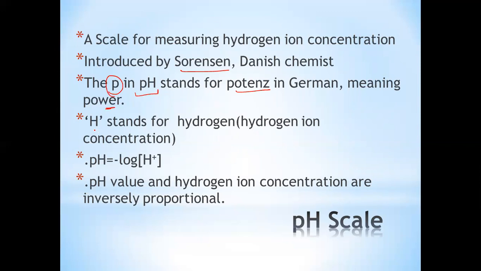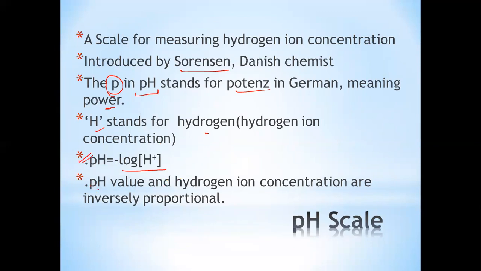And in pH, H stands for hydrogen ion concentration. Mathematically, pH is equal to negative logarithm of hydrogen ion concentration in solution.